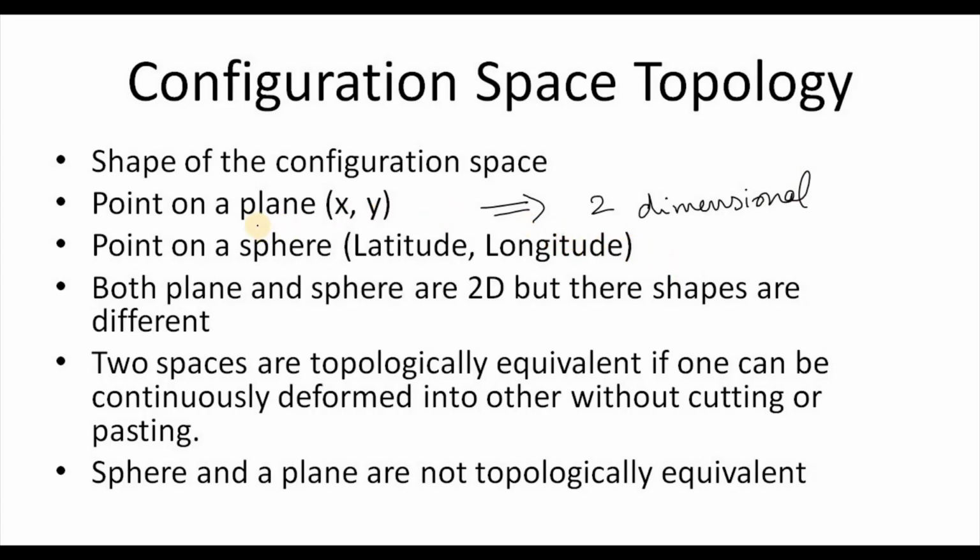And for a point on a sphere, let's say a ball or something like a balloon, this point can be represented by latitude and longitude, as we have seen previously, and this surface of the sphere will also be two-dimensional.